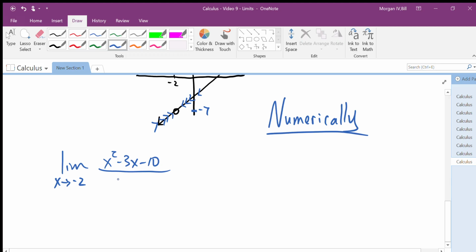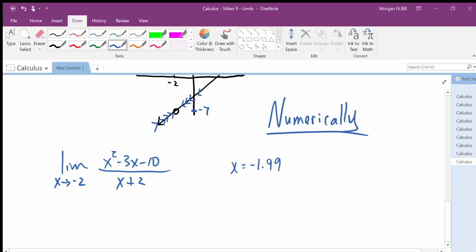over x plus 2. Technically you'd want to have several numbers you're plugging in. You want to plug in several numbers to the right of negative 2, several numbers to the left of negative 2, so you can see what it is approaching. But oftentimes we get a little bit lazy and we just pick a number on either side and see what happens. So for example, to the right of negative 2, let's try an x value of negative 1.99.